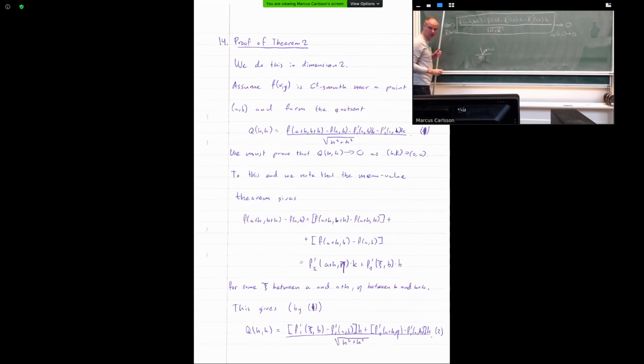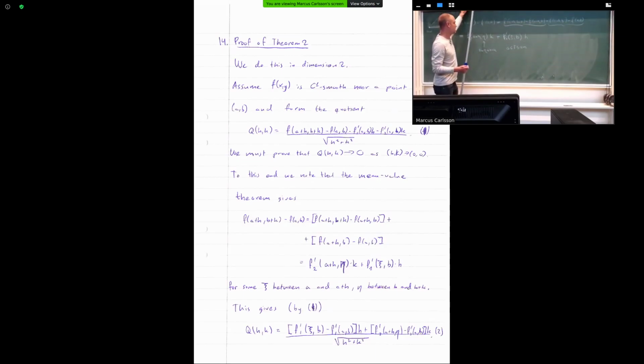So I've given it some name, so I don't need to write it up again. The expression I have on the other blackboard is this difference here. And look, this one and this one look very similar to what I just derived: first partial derivative, second partial derivative, times h and times k. The only difference is that they are evaluated at slightly different points.